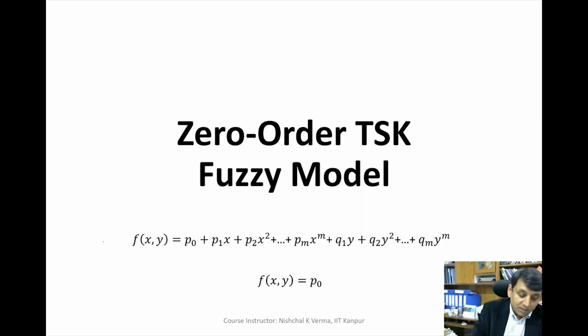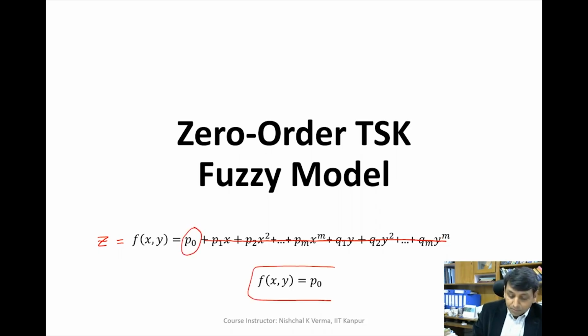The output, basically Z, will be defined in terms of f of x comma y, where x and y are the generic input variables. And when we talk of the zero order TSK fuzzy model, it means we will have only the constant, that is P0.